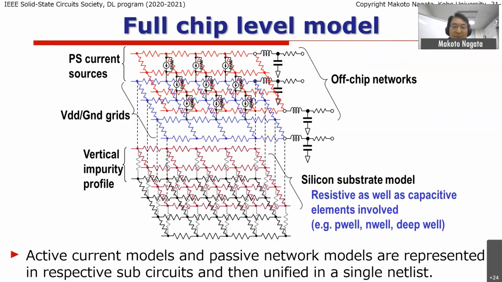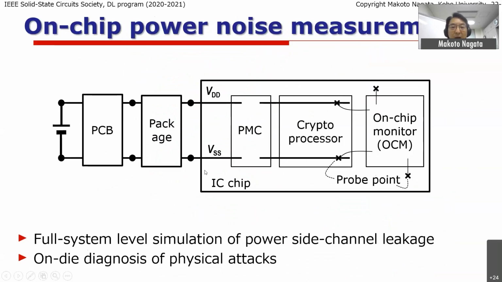This is a very general sketch, and it can be created for any kind of digital circuit, including cryptographic engines. Now the model often needs to be calibrated, because, as I showed you, many different components are included in the model. That means there are many parameters to be well managed to capture the proper power current.